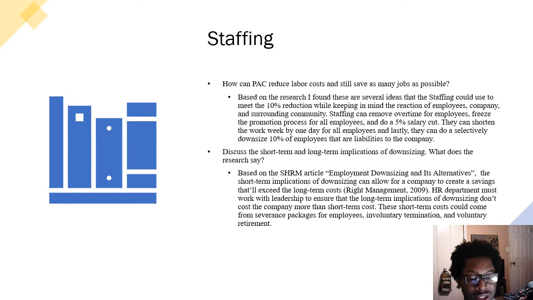Question number 2, discuss the short-term and long-term implications of downsizing. What does research say? Based on the SHRM article, Employment Downsizing and its Alternatives, the short-term implication of downsizing can allow for a company to create a savings that'll exceed the long-term cost.